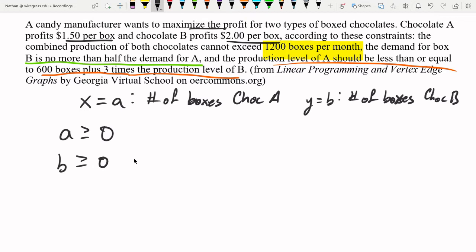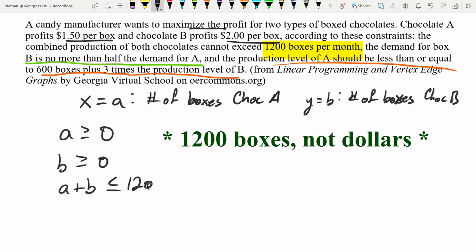Now, we know that the combined production of both chocolates cannot exceed 1,200 boxes per month. So if we add the two together, this cannot exceed 1,200. That means it must be less than or equal to 1,200.